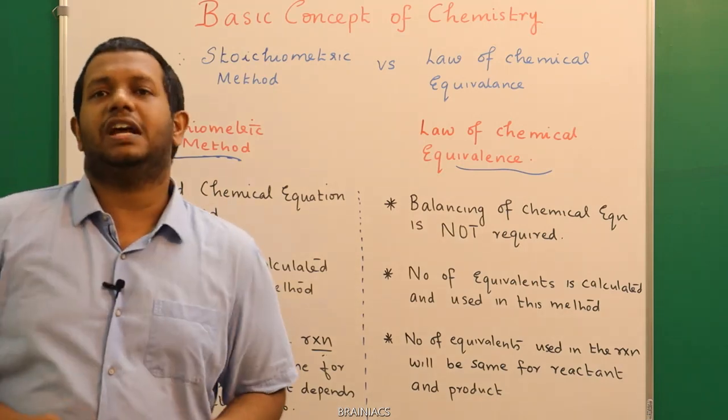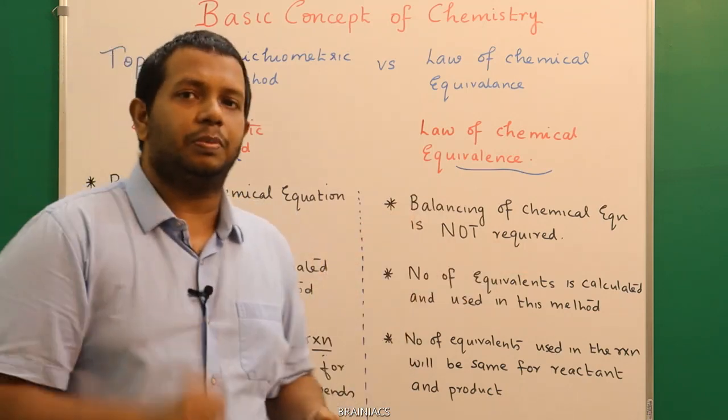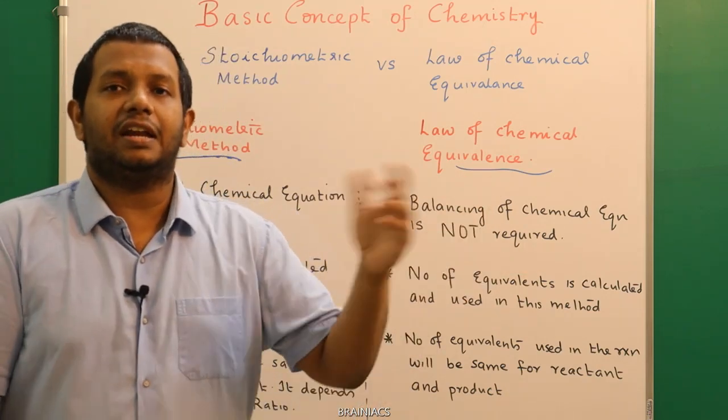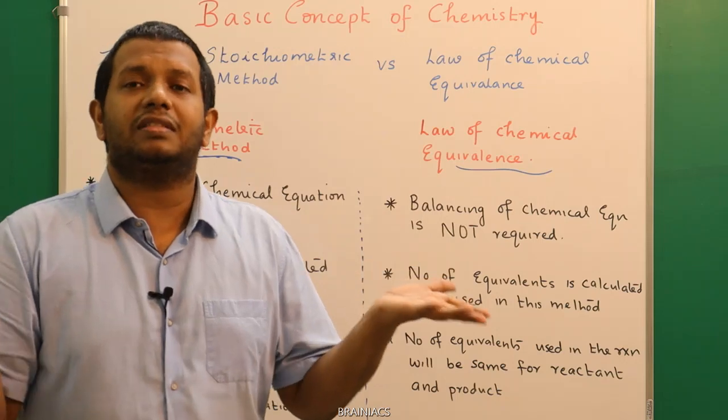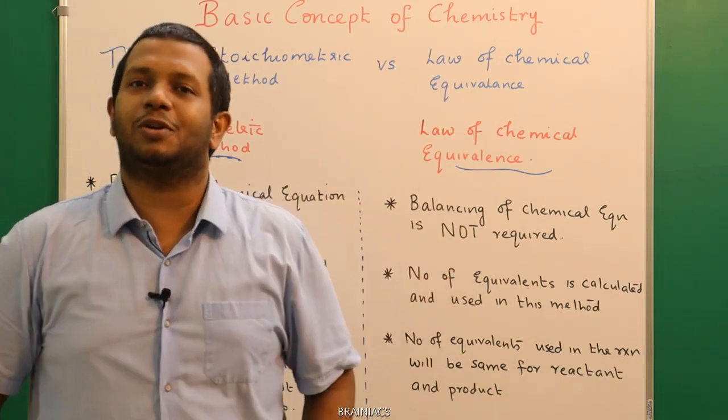So what does that mean actually? Suppose you have taken 5 moles of A and 6 moles of B. Can you say the reactant and product formed will always have the same number of moles? No, we know that depends upon the stoichiometric ratio.